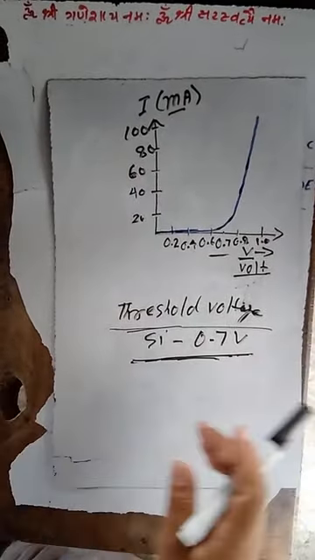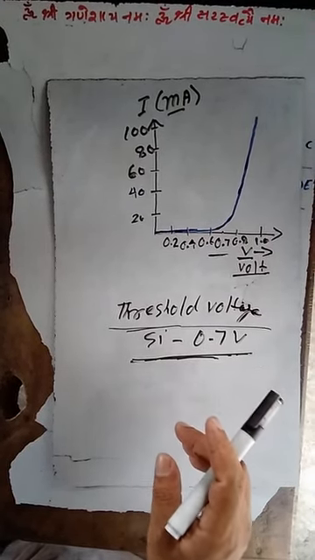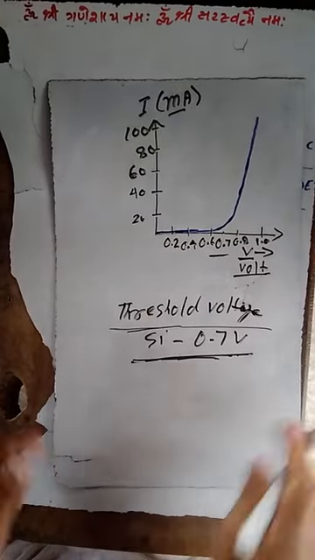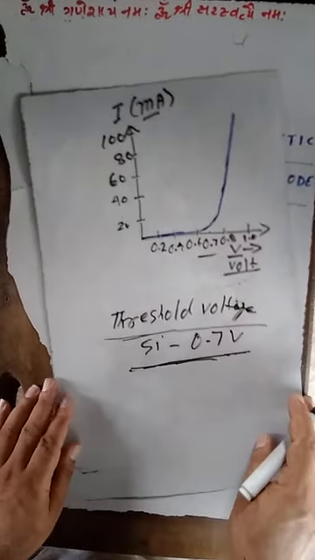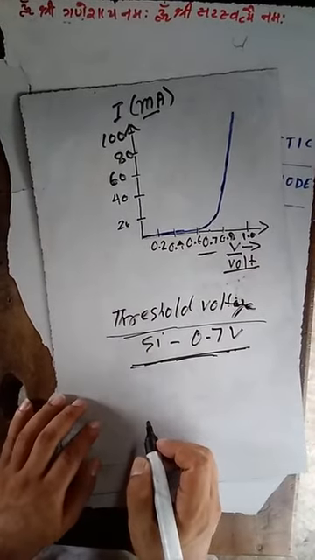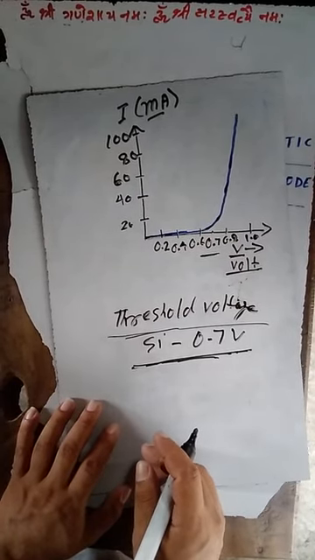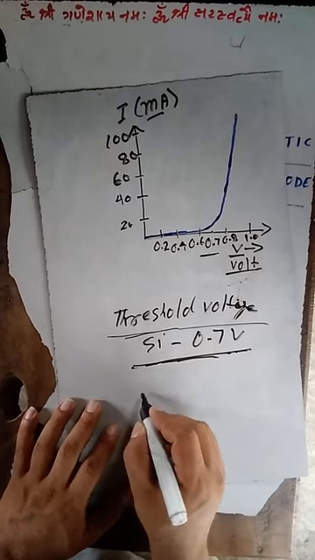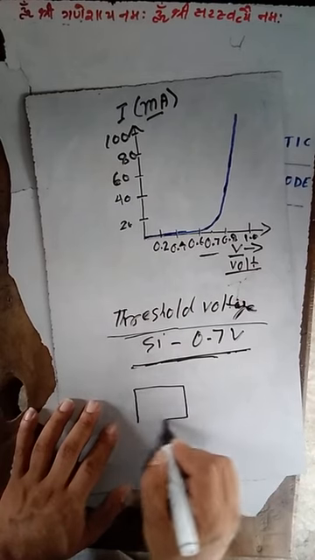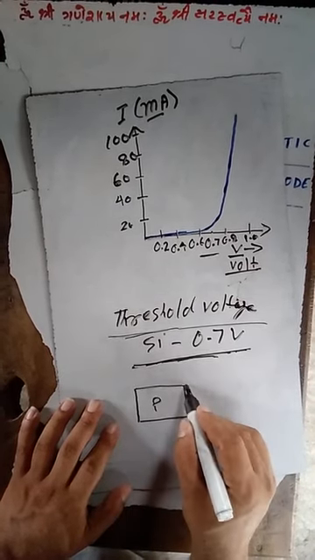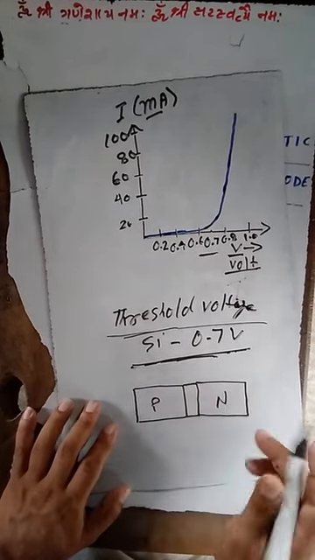I had already taught in the last class and previous classes that when a PN junction is formed, a potential barrier is created due to the diffusion of majority carriers. For example, this is your p-type and this is your n-type.